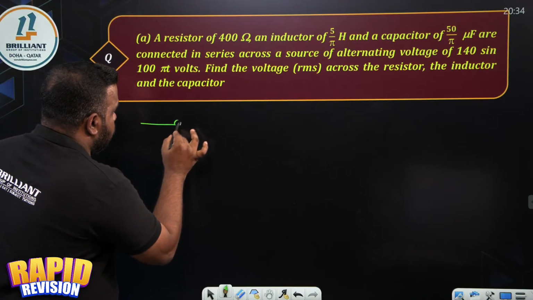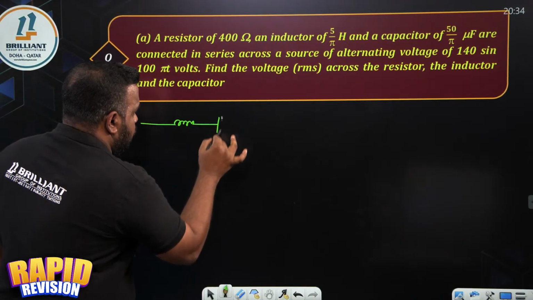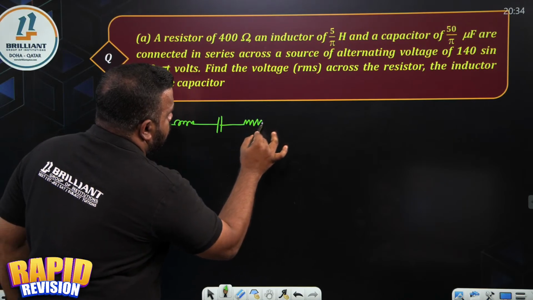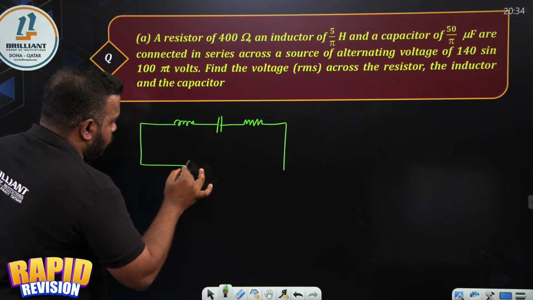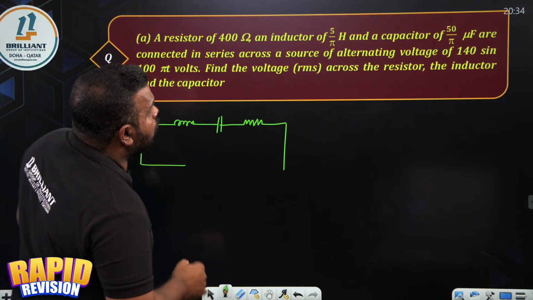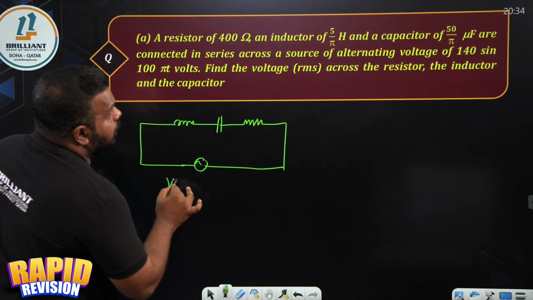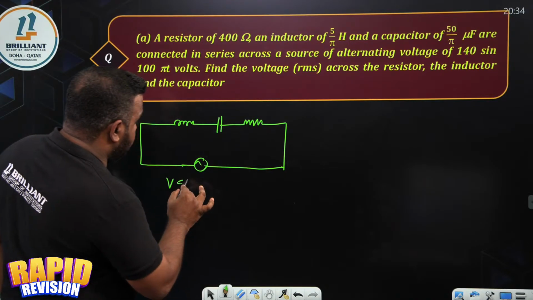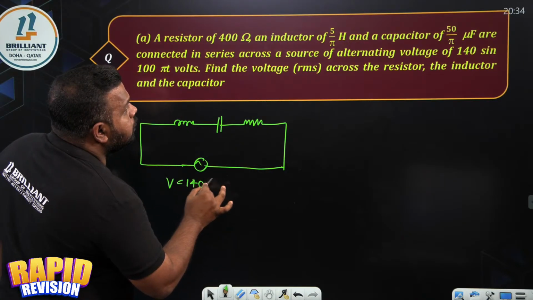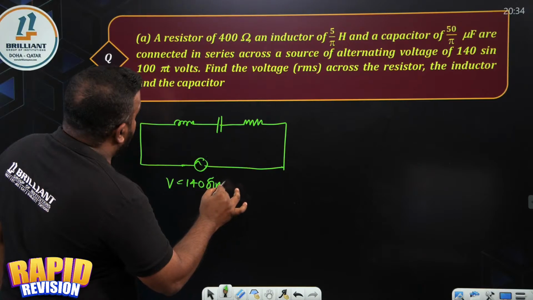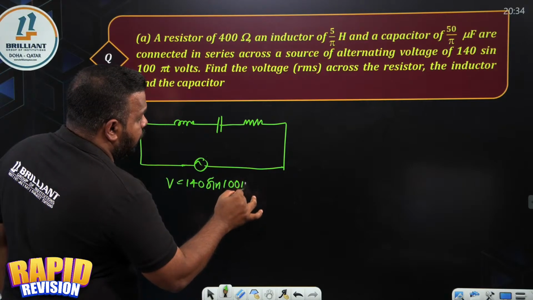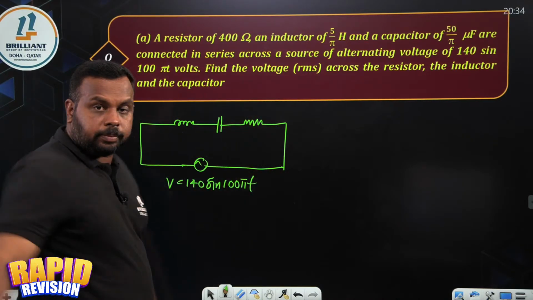So let's draw it. LCR. It is connected to an AC source. The source voltage is given as V equal to 140 sine 100 pi t.